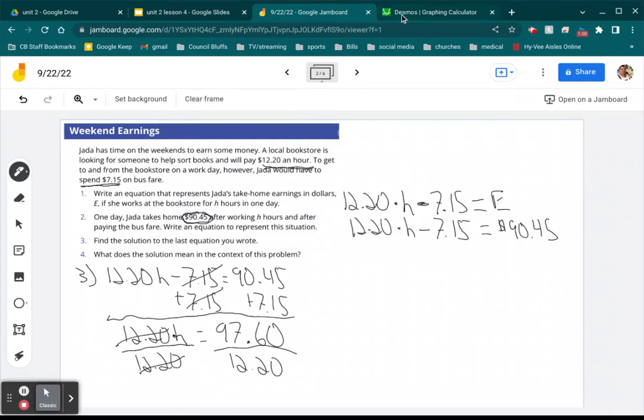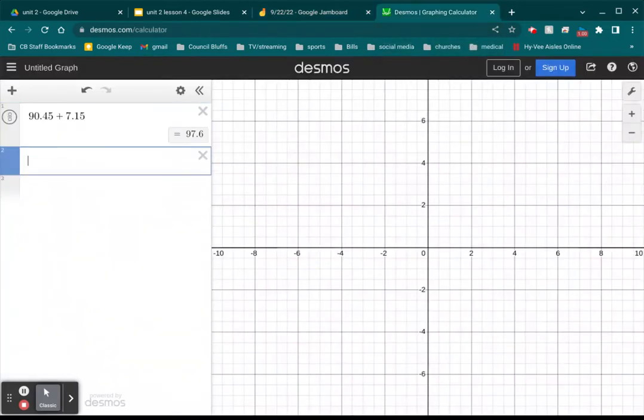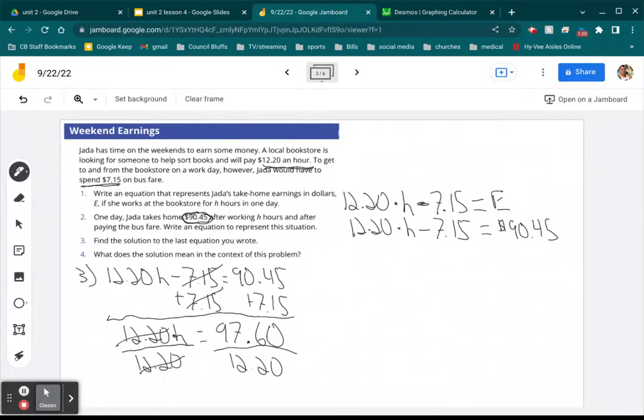So now I have to do $97.60 divided by $12.20, and I get 8. So H equals 8. So find the solution to the last equation you wrote. The solution is H equals 8.